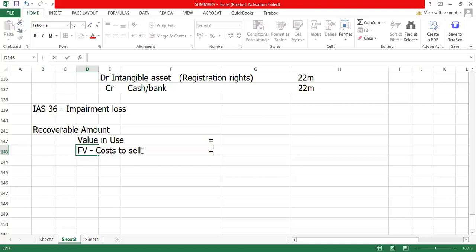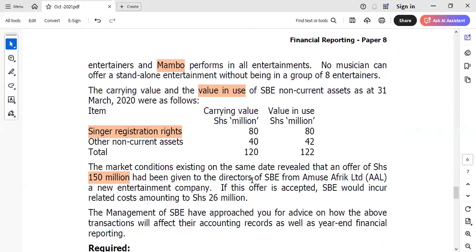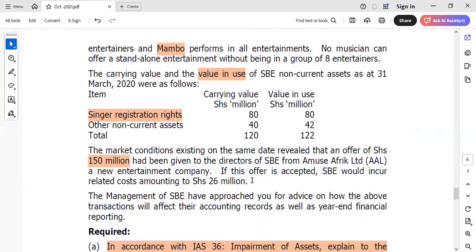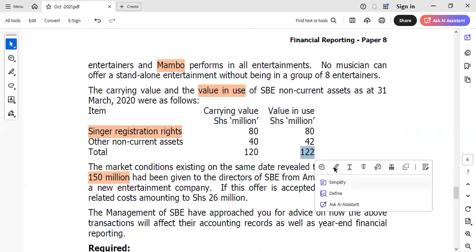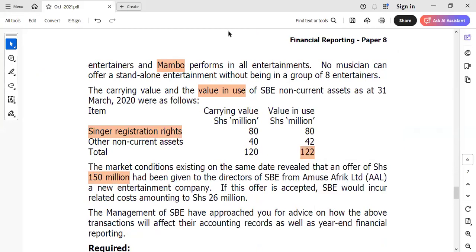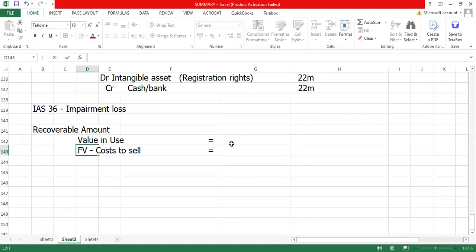Go back to the question. It is there, we have it here: 120, 122.